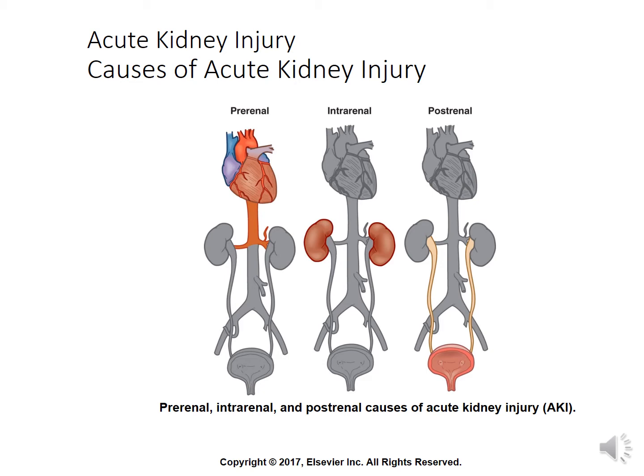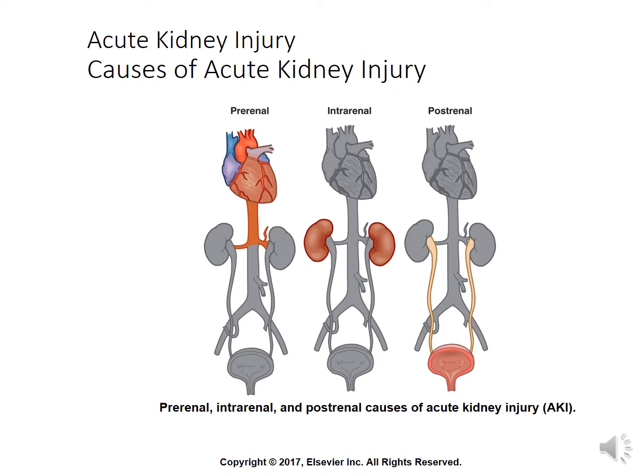If you have any reduction in perfusion, so if your client has an active bleed, let's say a bleeding ulcer, a GI bleed, or they have some sort of trauma where they have a significant blood loss, perhaps they're severely dehydrated, perhaps they have heart failure where they have decreased cardiac output. Anything that's going to affect blood flow to the kidneys is going to be a pre-renal cause. So that's important.